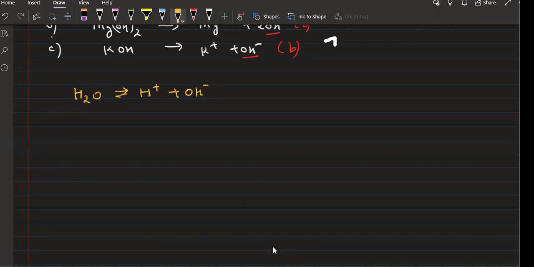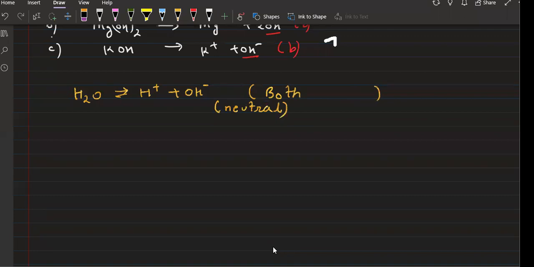You can say both or none. It is called a neutral substance. This is neither acid nor base, or both acid and base. Got it, everyone?